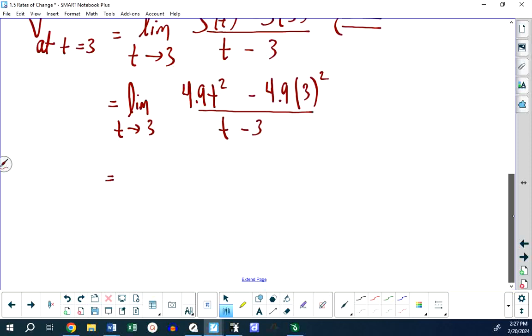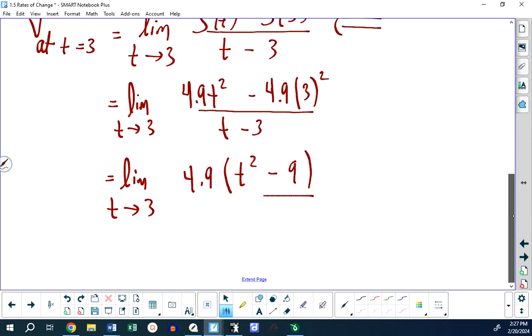So we're going to simplify this. We're just evaluating a limit, which you've had tons of practice doing. Take the 4.9 out. If I were doing this on my own, I'd probably have written on the top 4.9 times t plus 3 times t minus 3. I don't think that's a big leap in complexity in that line.